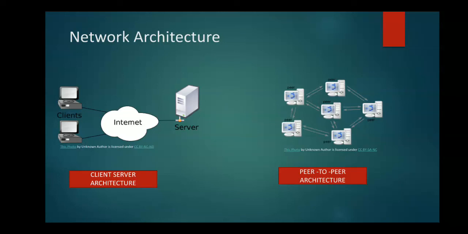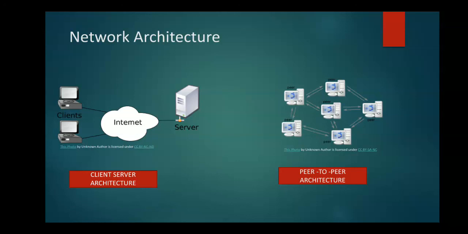Now we can see network architecture. Network architecture is the design of a computer network that describes how computers are configured and used in it. There are two types of computer network architecture. Client-server, where one is the master computer.